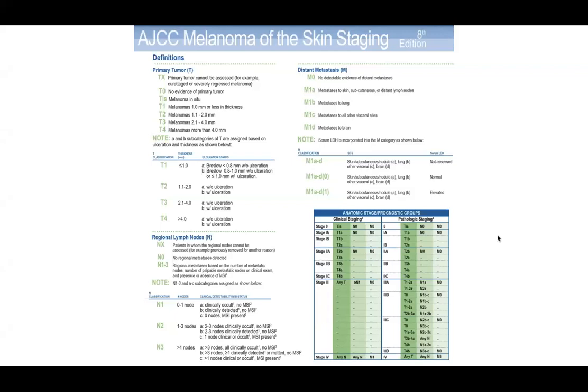And so if it's normal, then that's going to be an M1, either A through D depending on the above designations, and then a 0. Whereas if it's elevated, then you'll have an M1A through D with a little 1 added in parentheses.